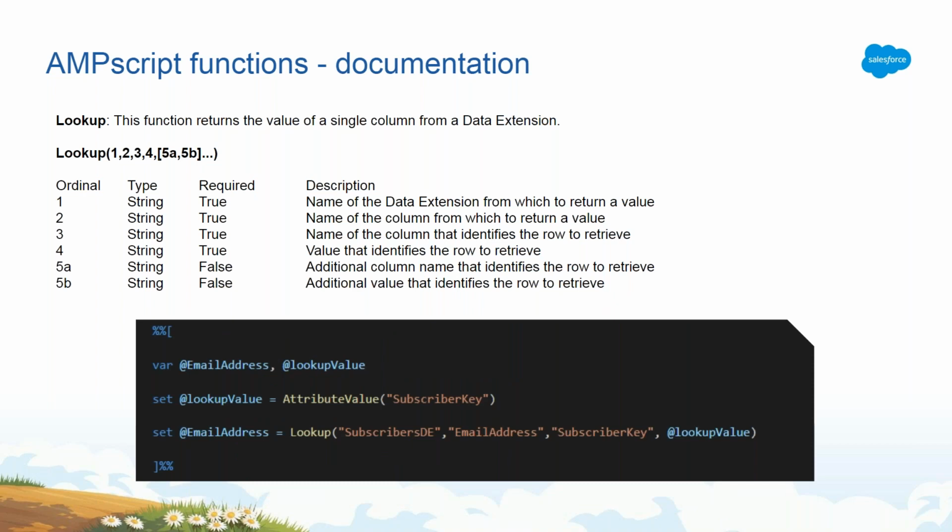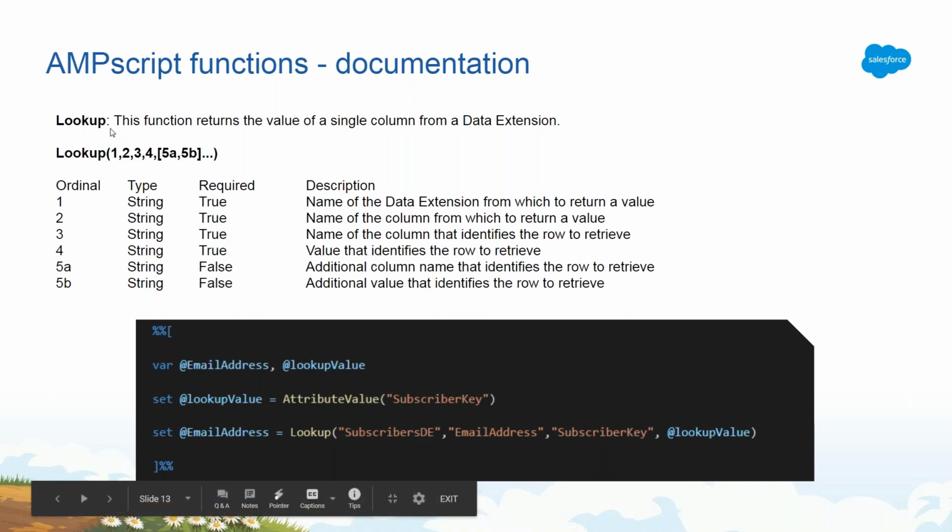And here just a small example on documentation and how to work with the documentation. So this example comes from the AMPscript guide, which I highly recommend. It's the best resource for all the AMPscript functions. So this is an example of the lookup function. You can see here that this is the definition.